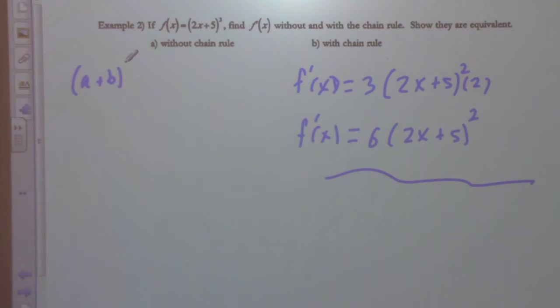And I don't know if you remember this from last year, (a + b) to the third power is going to be a cubed plus, I think, 3a squared b plus 3ab squared plus b cubed, and we can apply that with all this here.